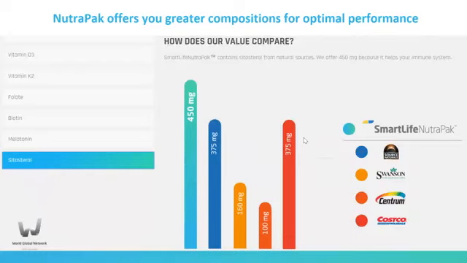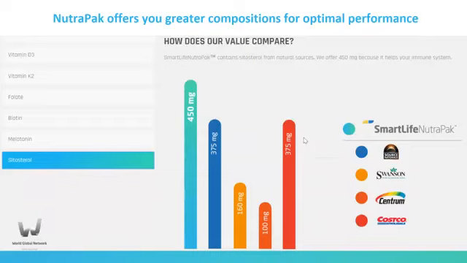Okay, so someone is asking how is it taken, or what's the form of this Smart Life NutraPak? It's a dissolvable or dispersible powder. This is a sublingual component that gets absorbed with the help of the saliva, and it gets absorbed in the salivary glands.